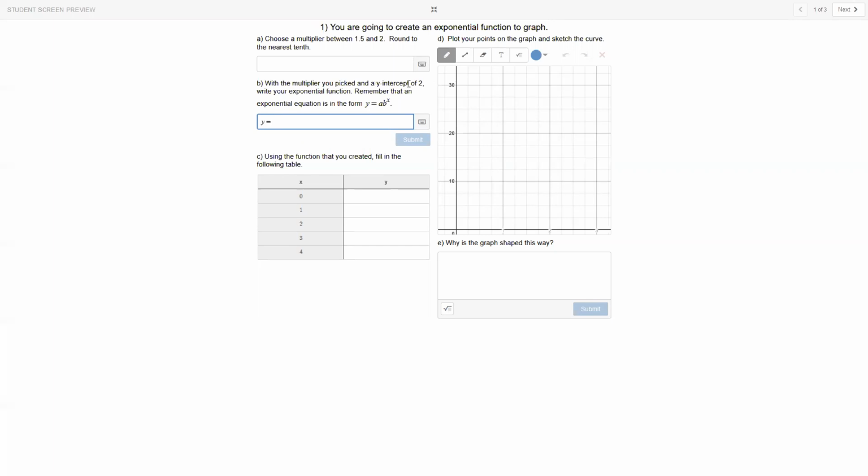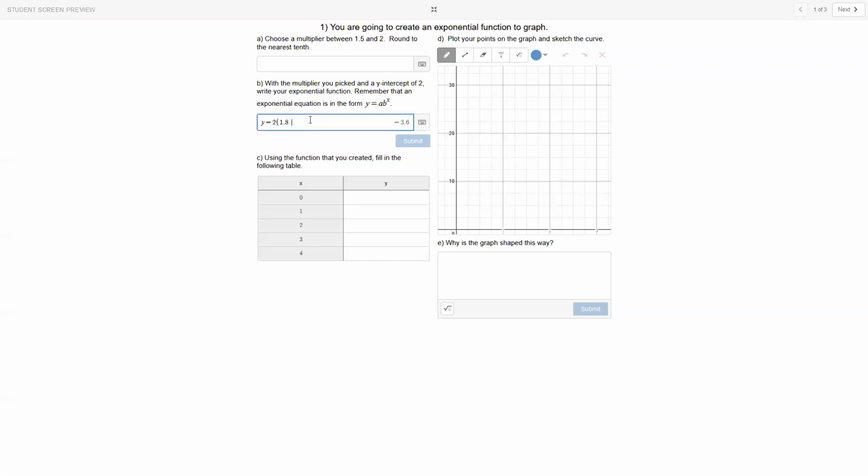If we know the y-intercept is 2, it's 2, right? So everybody's going to type in 2 right here. And then I just like to use parentheses for my b value. Your b value is going to be whatever number you picked up here. I'm gonna say I picked 1.8. If you happen to pick 1.8, change it and pick whatever number you want.